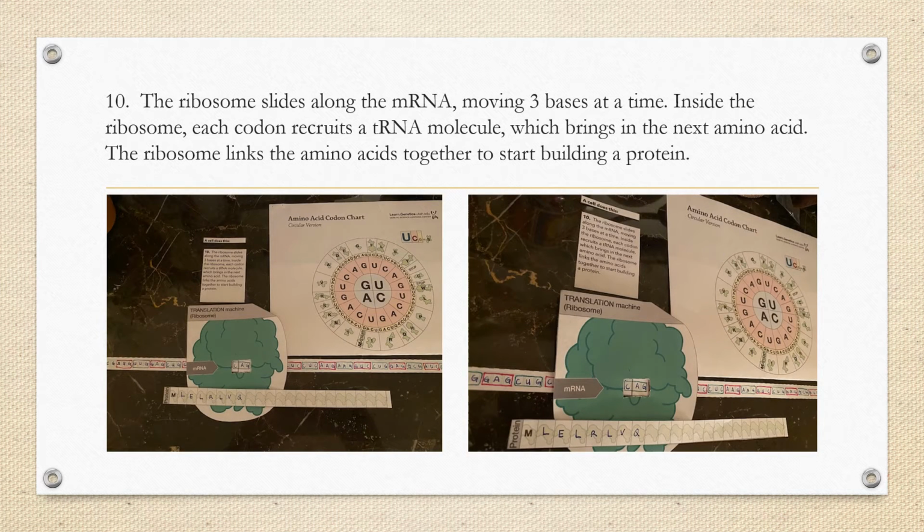The ribosome slides along the mRNA, moving 3 bases at a time. Inside the ribosome, each codon recruits a tRNA molecule, which brings in the next amino acid. The ribosome links the amino acids together to start building a protein.